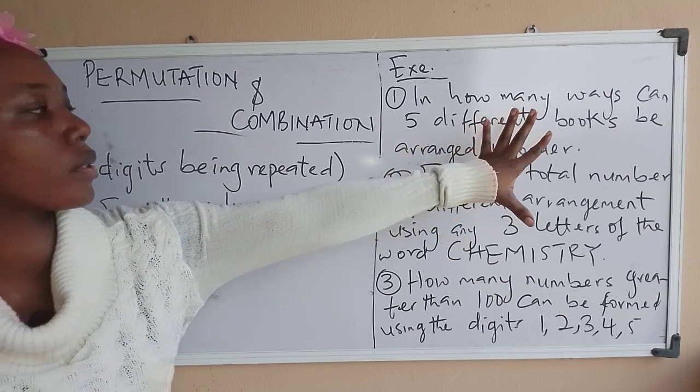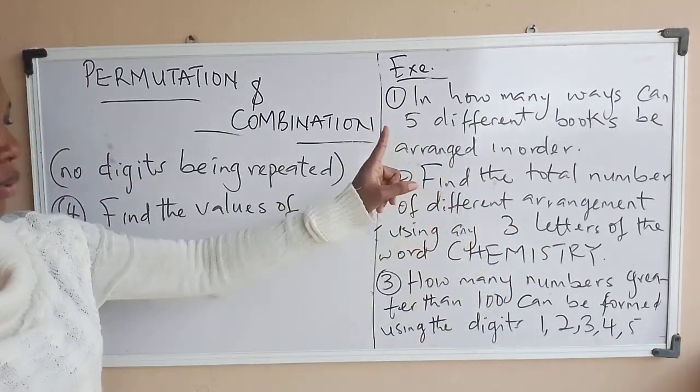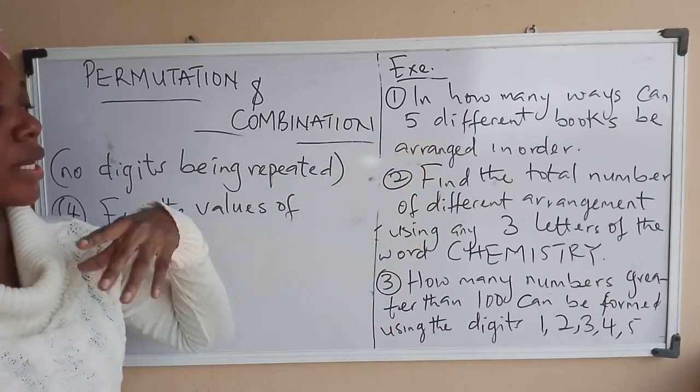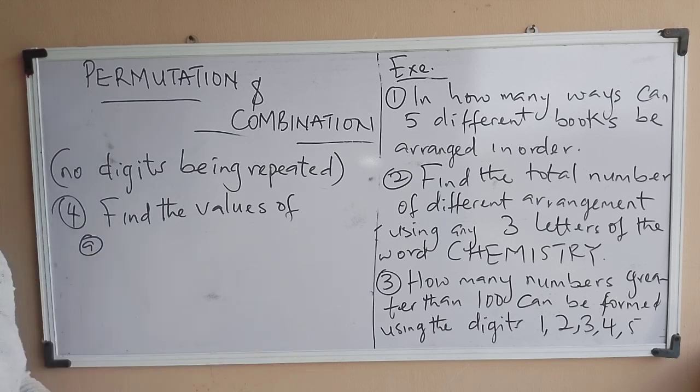Please hurry up, take this one down because I'll be wiping this board right now so that I can put the 5th question on the board and we can continue with the topic for today. So please, let's write fast. Let's take notes.